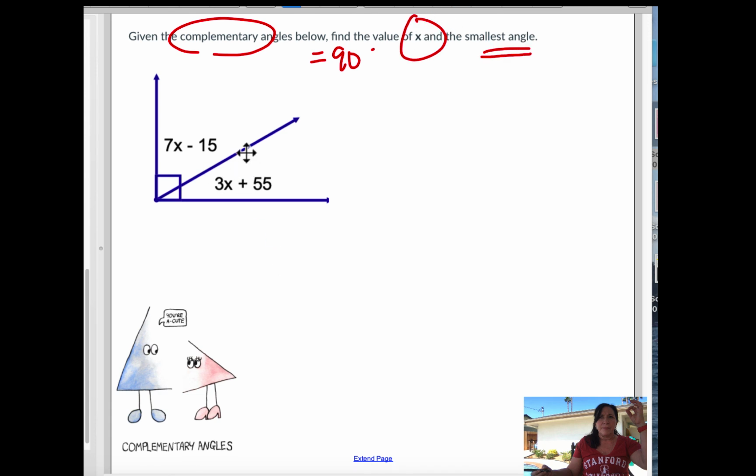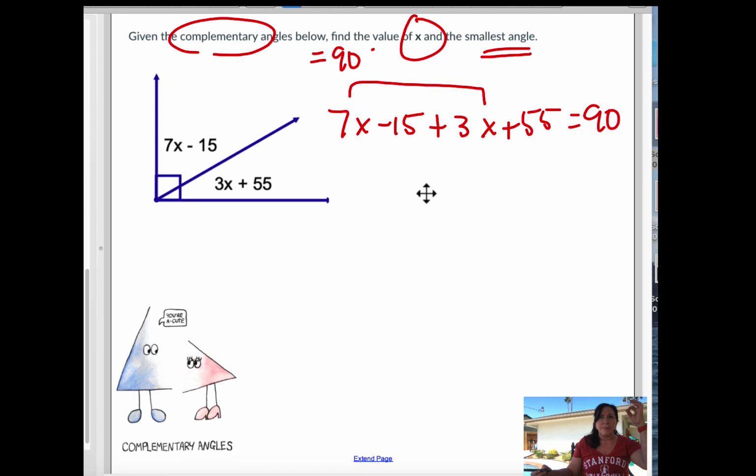Now, if these are complementary angles, then their sum is equal to 90, which means that 7x minus 15 plus 3x add 55 equals 90. So we've got 3 and 7, 10x, 55 minus 15 is 40. That's 40, right? Negative 15 plus 55. So that's 40. And so if I subtract 40 from both sides, 90 minus 40 is 50.